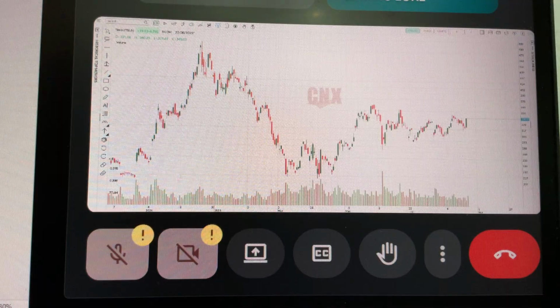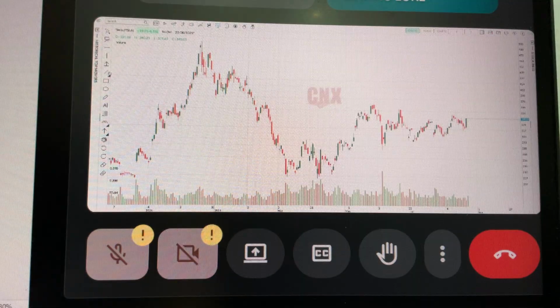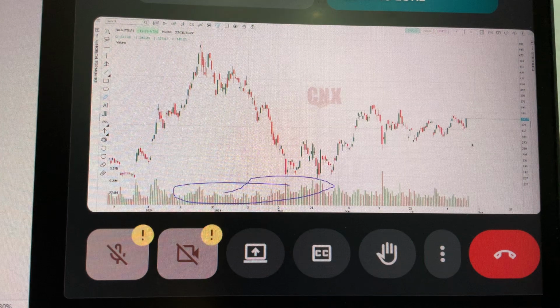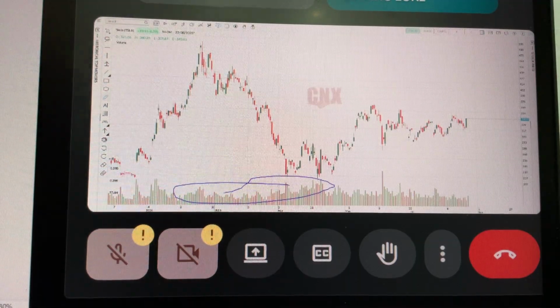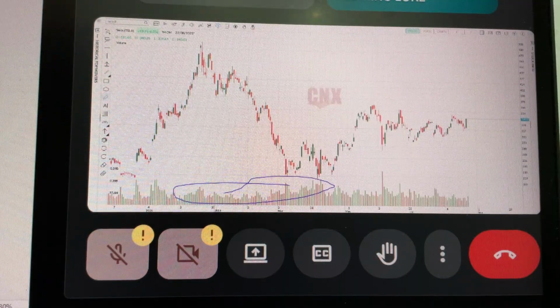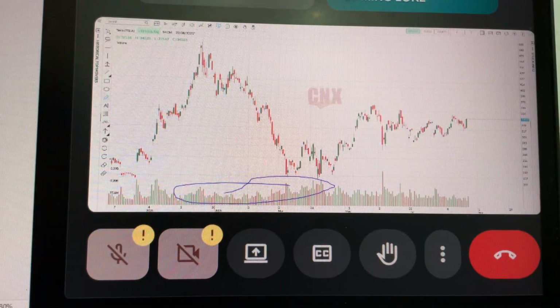If you look at the graph, there are two parts. The top part is the price movement, while the bottom part, which is here, tells you the volume of shares that were traded on a daily basis. So the chart only tells you two things: how much is the price, and how much is the volume per day.